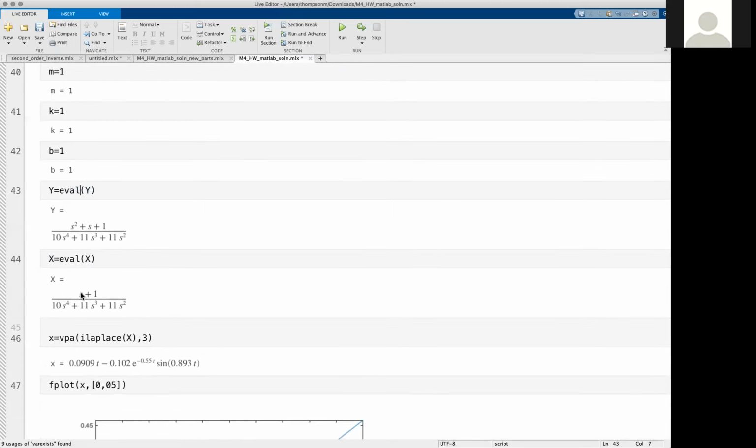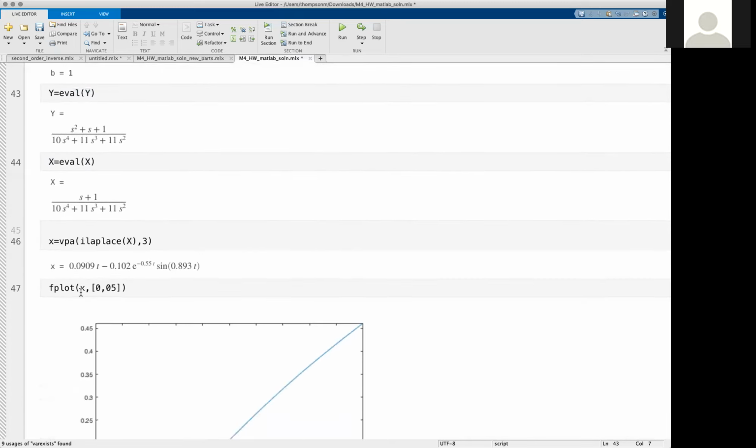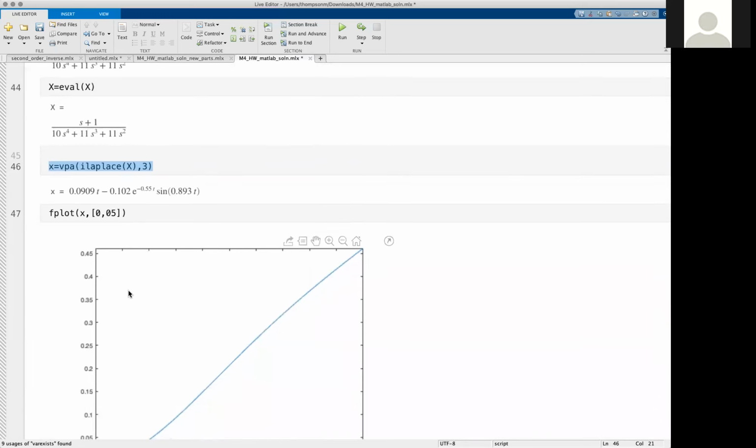Okay, I did the same thing for x, so you can take a look at these. All right, so from there, I just do the inverse Laplace transform of x, just picking one out.